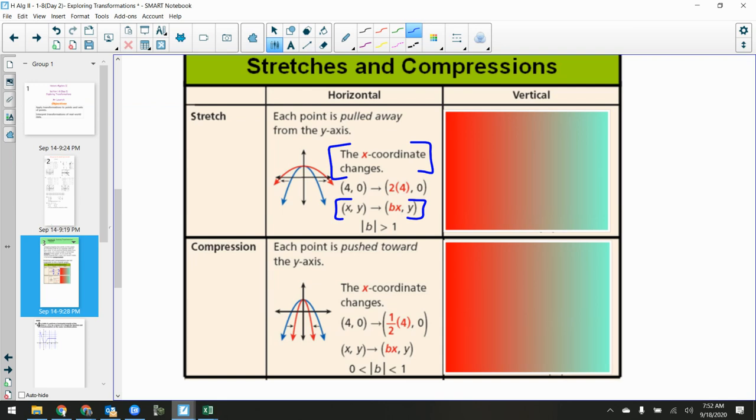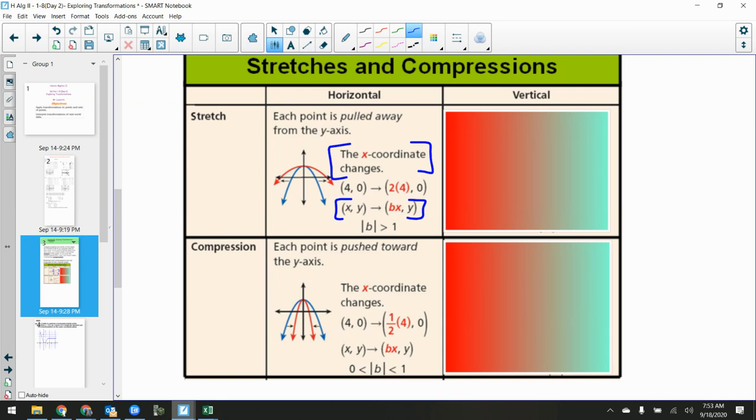Can you tell me? Brainstorm why. It's always dependent upon the value of b. What does absolute value take care of? The negatives, right?